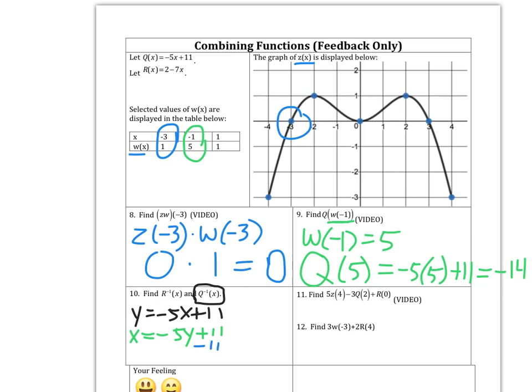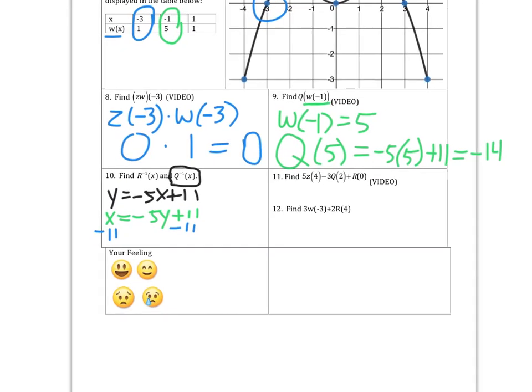So this will be -11 to both sides. I'm going to scroll up so we can see better. So we get x minus 11 is equal to -5y. And I'm going to divide both sides by -5. I'm going to be lazy and leave this just as is, so we get x minus 11 over -5, and that's equal to y.